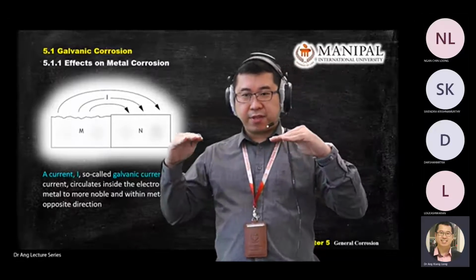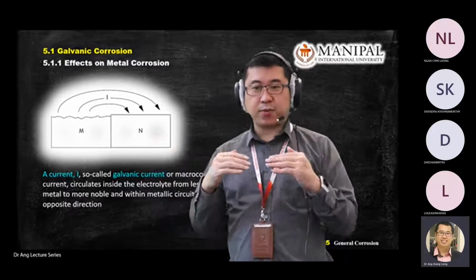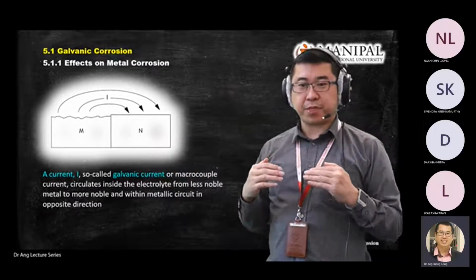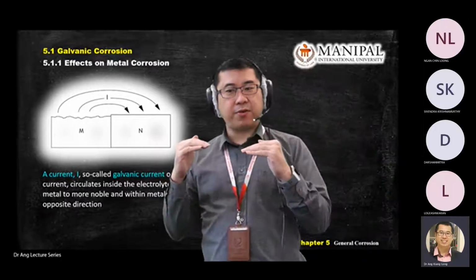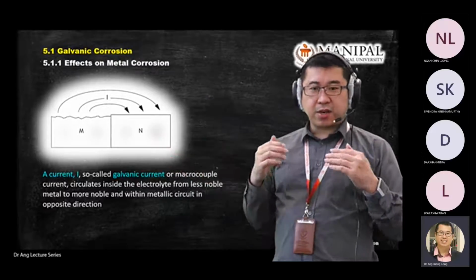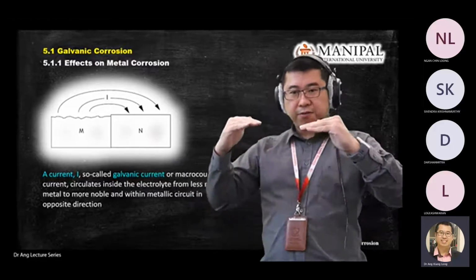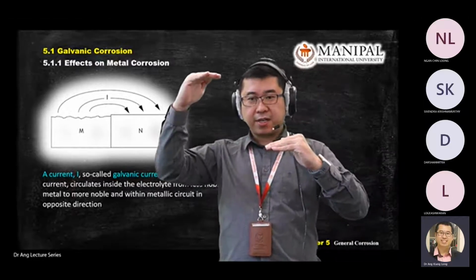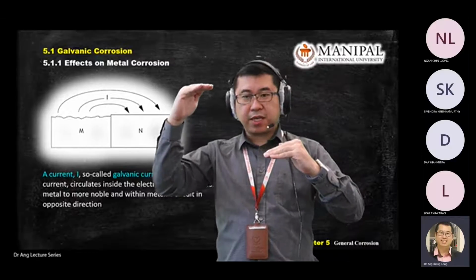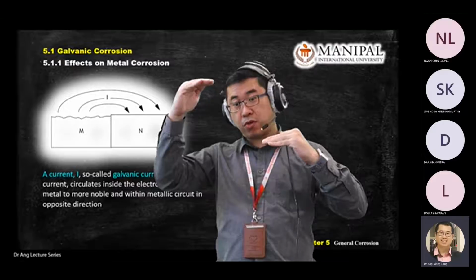If they meet together, they will compete among themselves. They will look at their level. In corrosion, they call it nobility. If the level is higher, this metal will be called higher nobility. This one will become lower nobility.